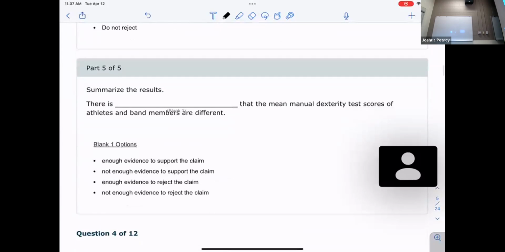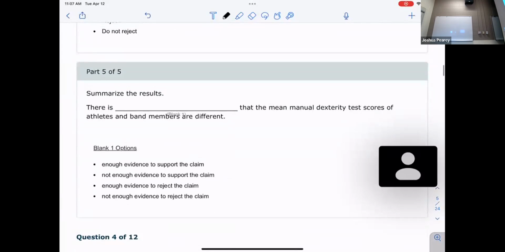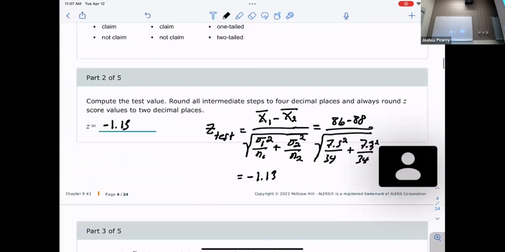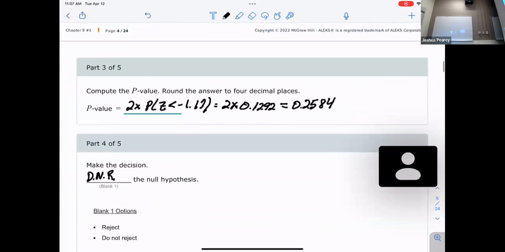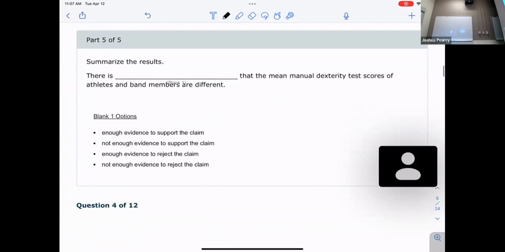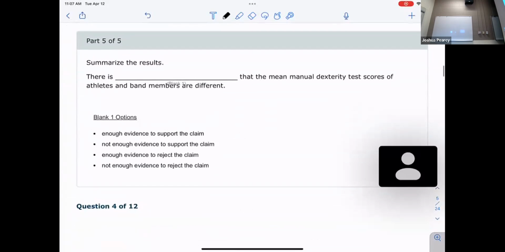Then the worst part of the question. This part. There is blank evidence that the mean manual dexterity test scores of athletes and band members are different. Now, the claim was what in this case, null or the alternative? Alternative. That means this part here, where it says to support or reject, it will be one of these, because you're gathering evidence to support the alternative, and the alternative is the claim.